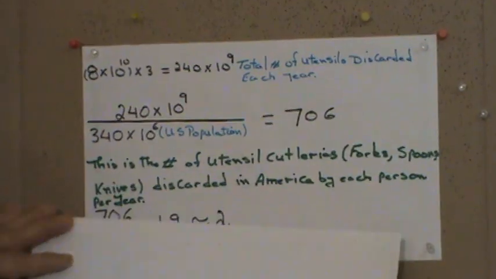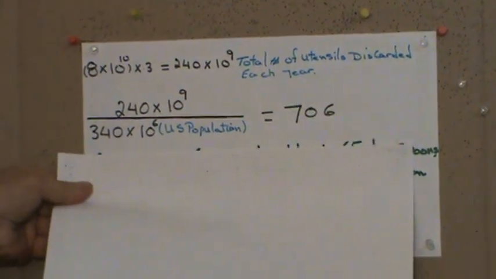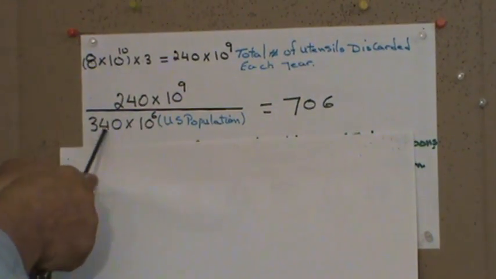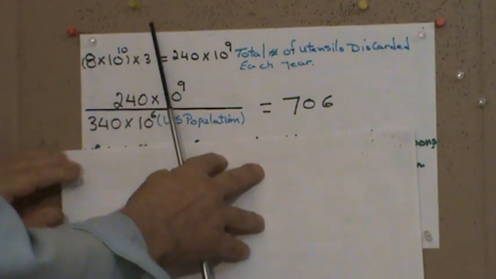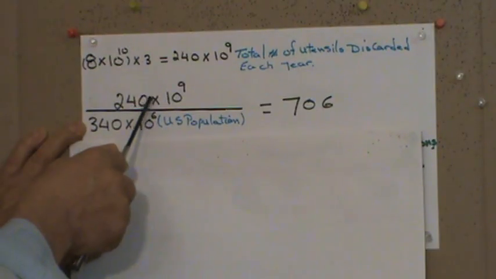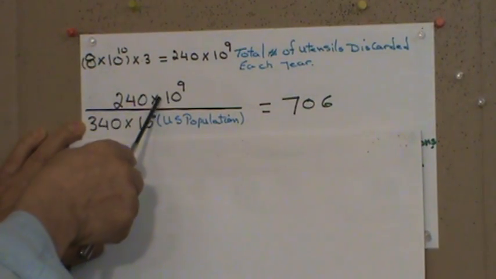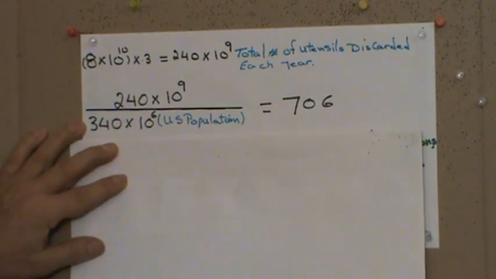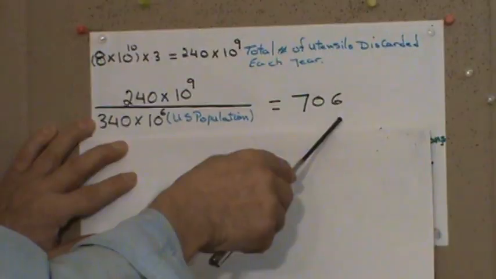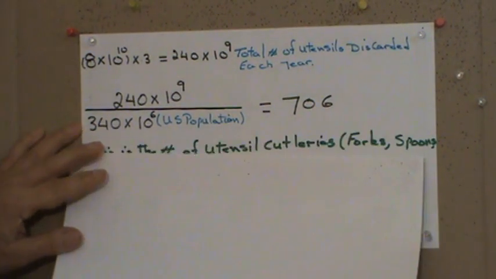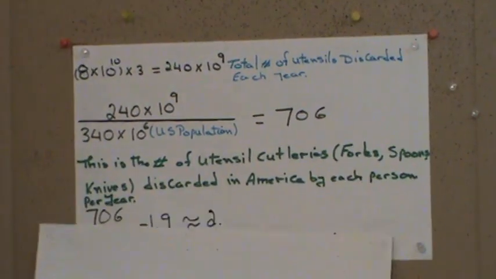Okay, now I go to this one. Now I divide this number, which is a pure number, by the population of America, which in the given problem was 340 million. So when I divide it, that is the number of utensils per each American resident. So it ends up to be 706. You follow me so far? Now, I have written this one.